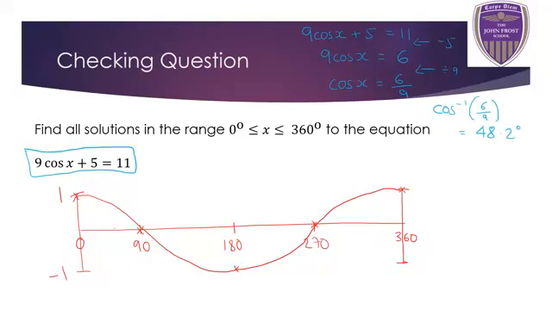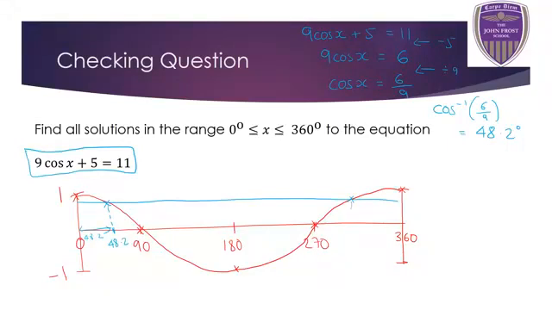So that's our first solution. So let's find 48.2 on the graph. I'm going to say it's roughly here. Then we'll use the graph now to figure out the rest. So I'm going to go all the way across. So that was one solution there. Look, this is the next solution here. This is a gap of 48.2.